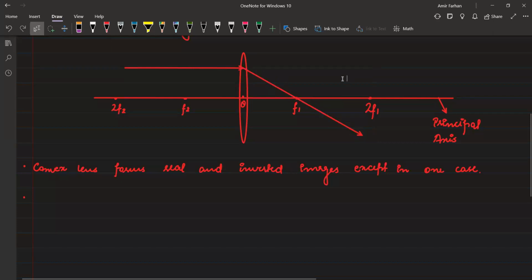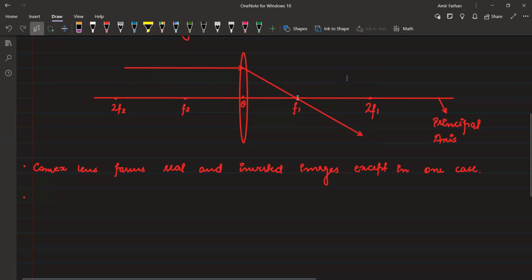Light is traveling parallel to the principal axis; it will refract and pass through the focus. Is this clear, everyone? Yes, sir.